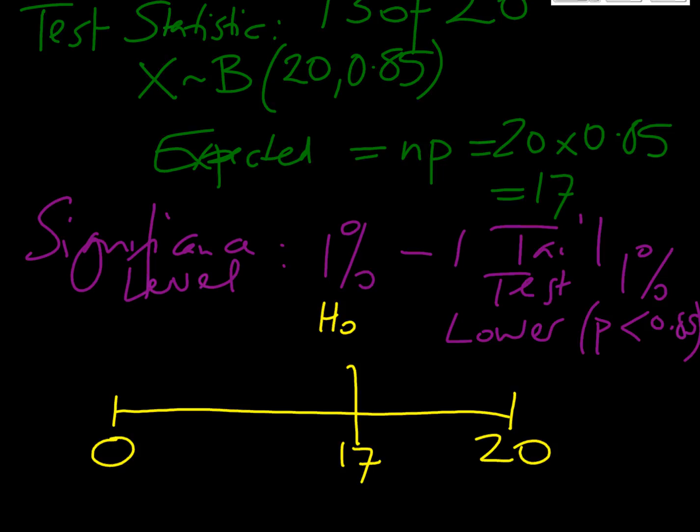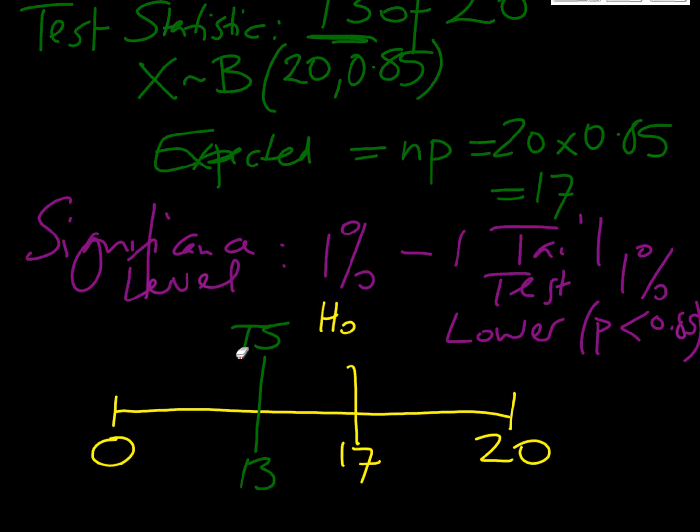Okay, so what do we actually get here from our test statistic? We actually got our 13, didn't we? So look, there's our 13 there. So we actually had 13. So we're on this side, we're on the lower side. That's our test statistic. We actually had 13. So which area are we interested in?